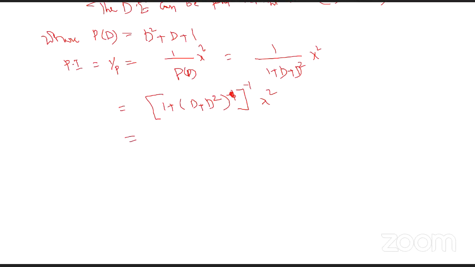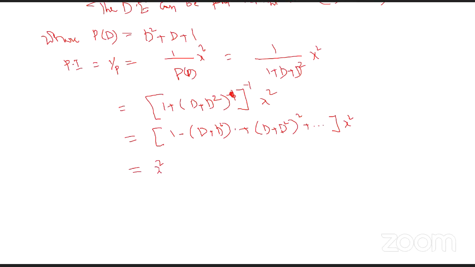That equals, expanding this, 1 minus (D plus D square) plus (D plus D square) whole square, and so on, into x square. Here, 1 into x means x square.